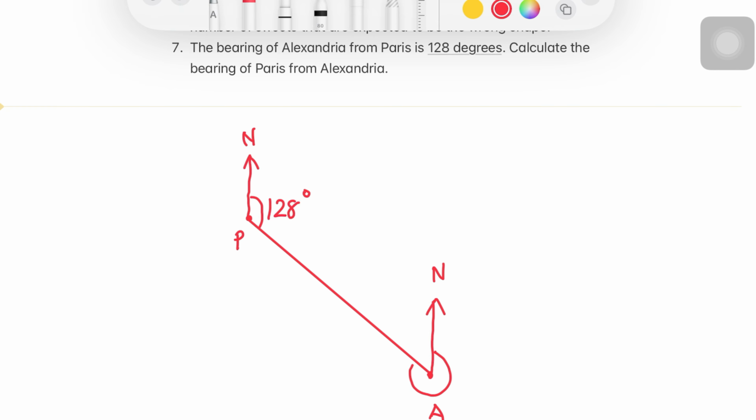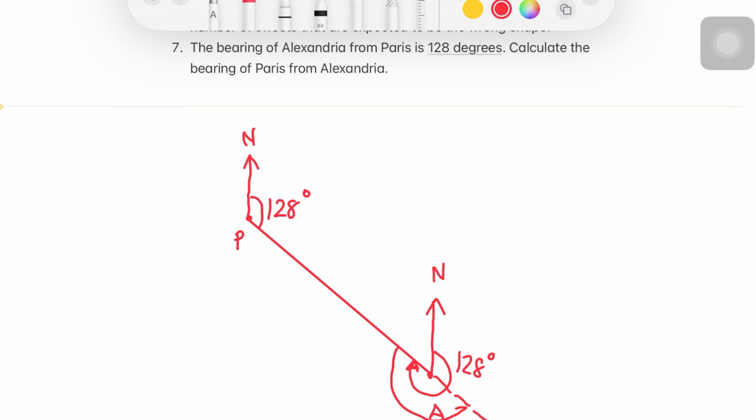If you extend your line here, this is also 128 degrees, because this angle and this angle are corresponding angles.